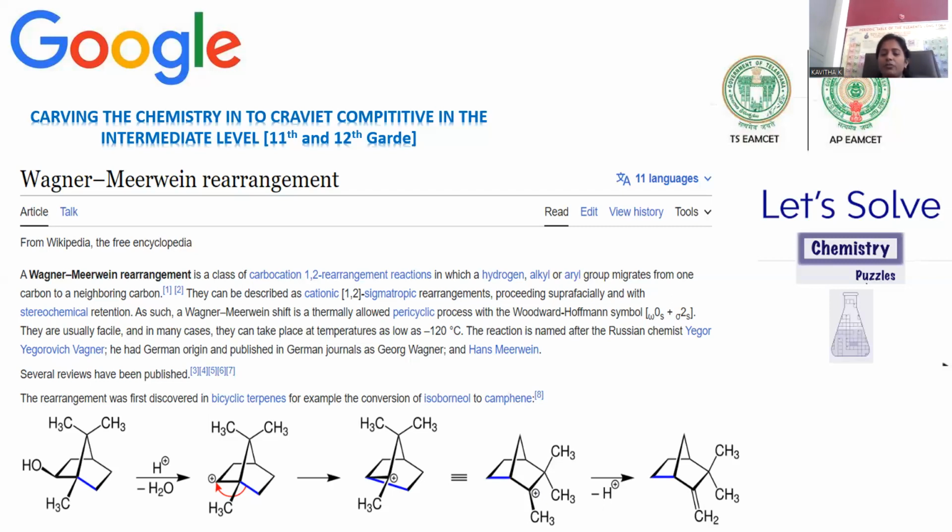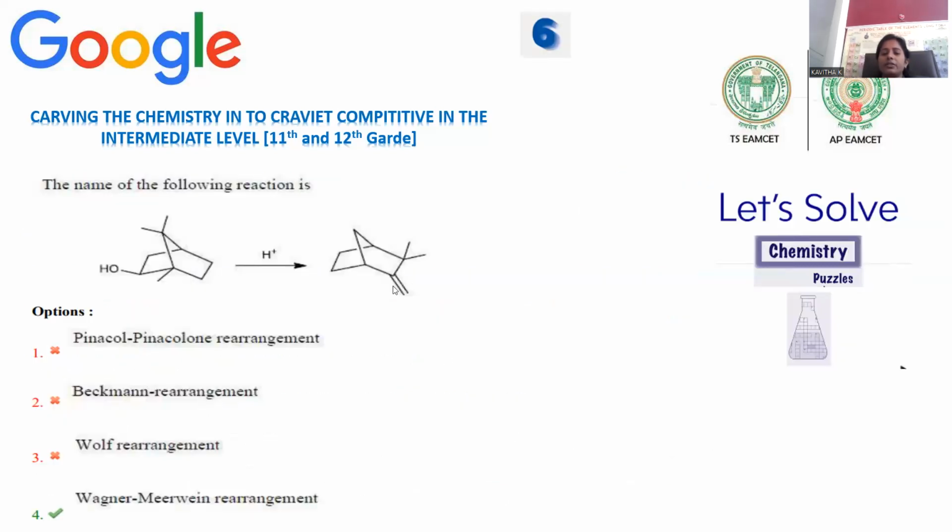Whenever H plus is removed from the adjacent side, it is used to form a double bond there. Subsequently, we get an alkene. So this is the entire reaction. You will get the alkene here, and the gem dimethyl will be shifted into the adjacent position, and the Bornene system is regenerated.